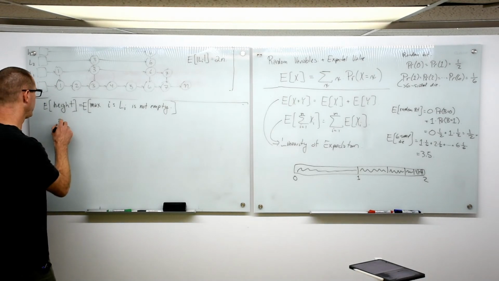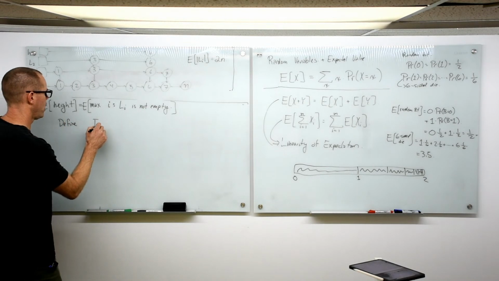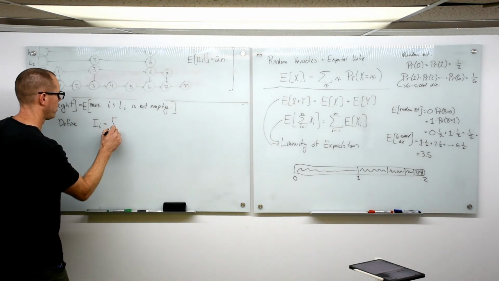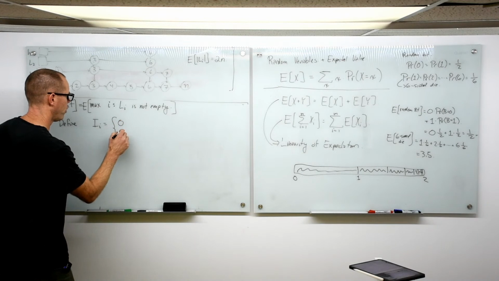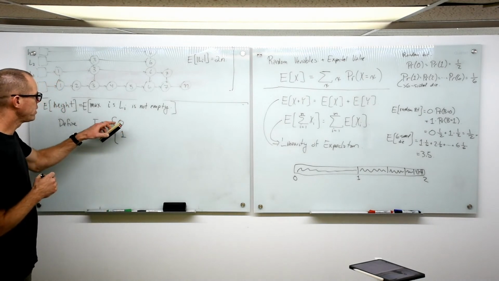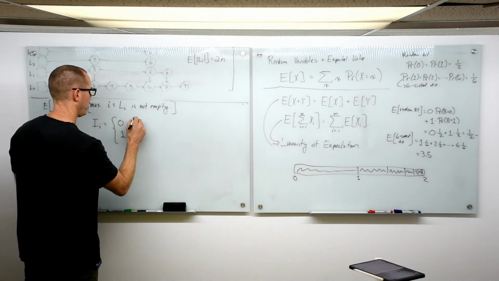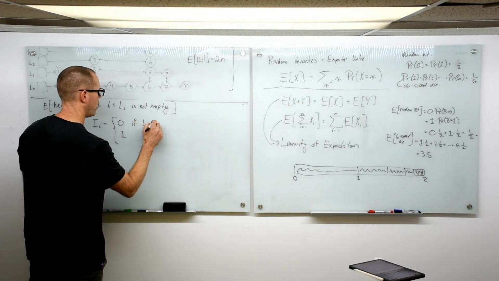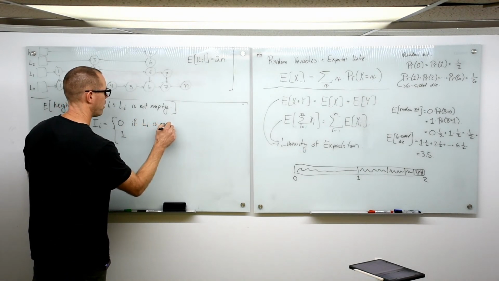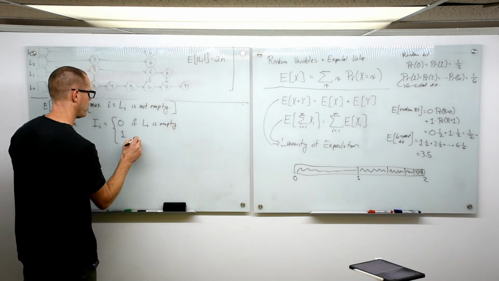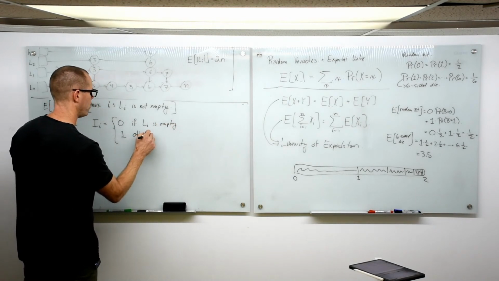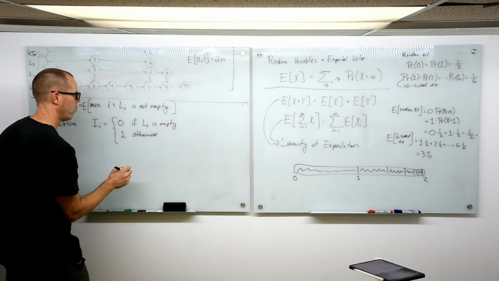Okay. So we're going to define I sub i, which is 0 or 1. It's 0 if L sub i is empty, and it's 1 otherwise. Okay.